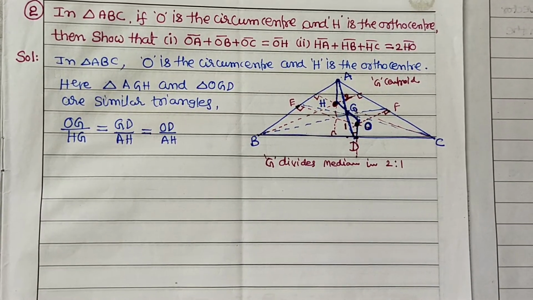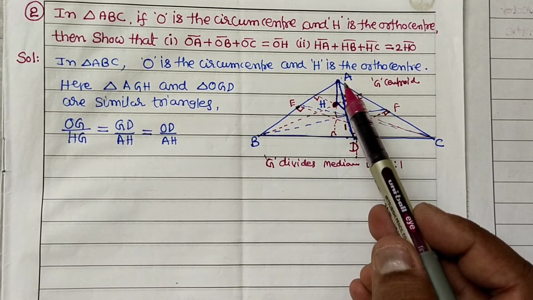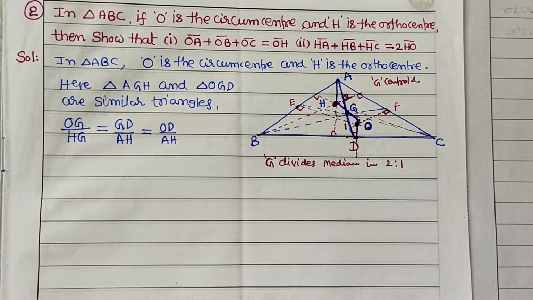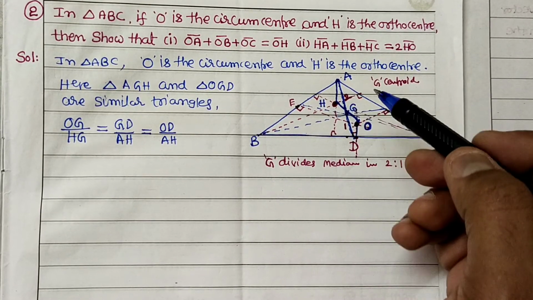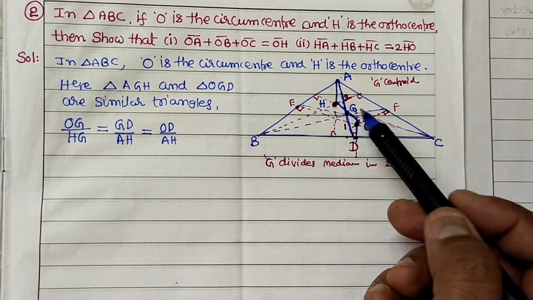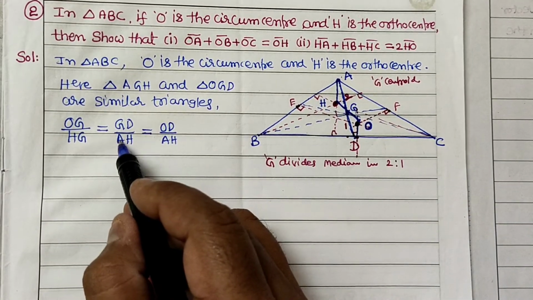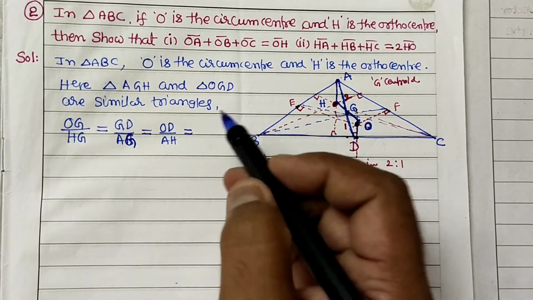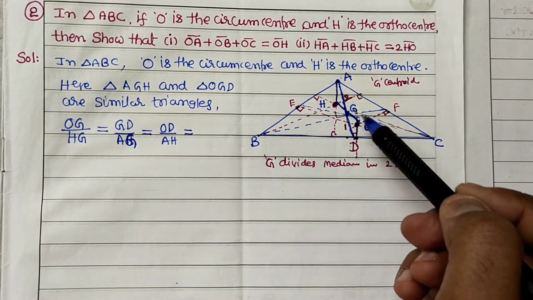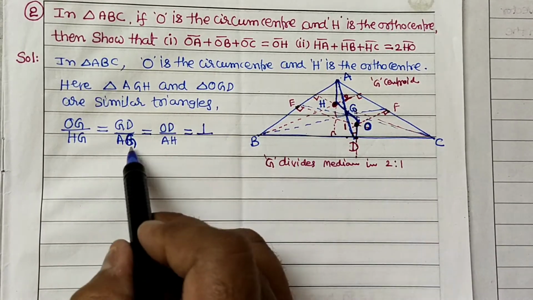Here GD divided by GA, which is equal to GD means 1 divided by AG.